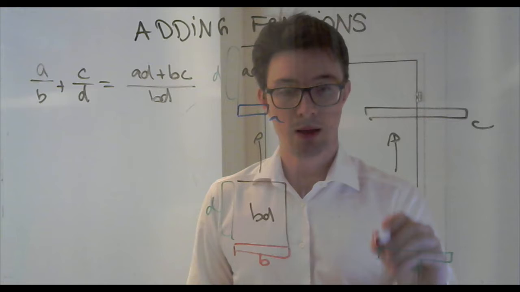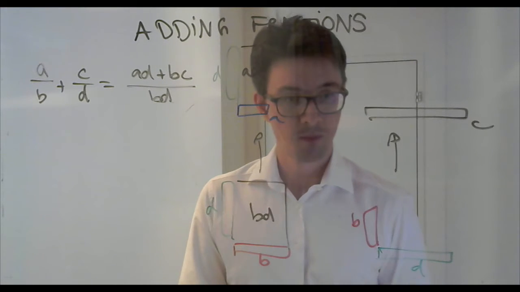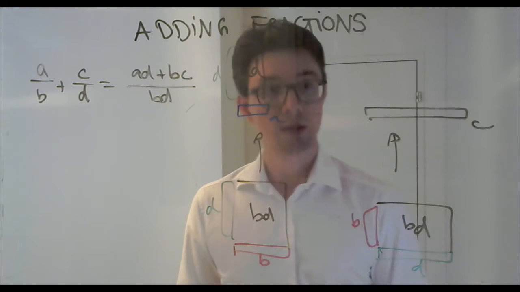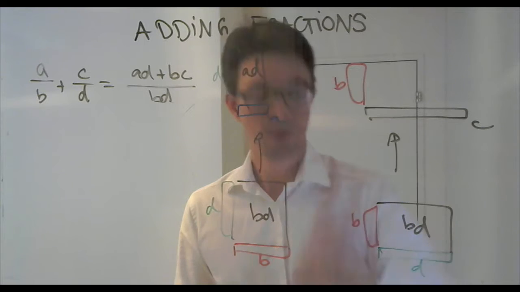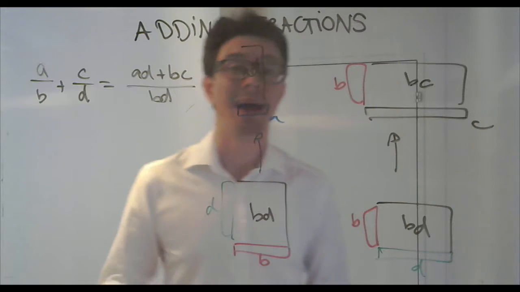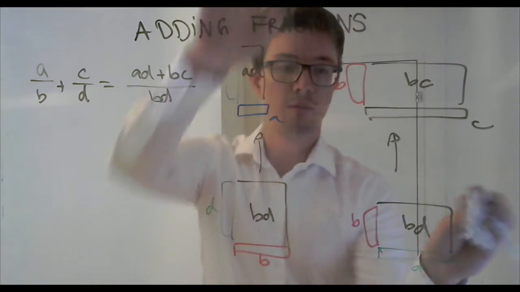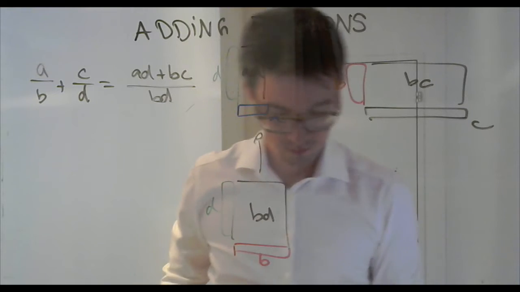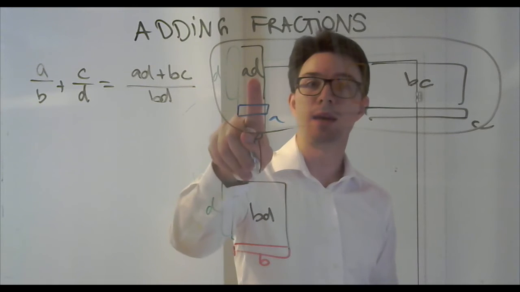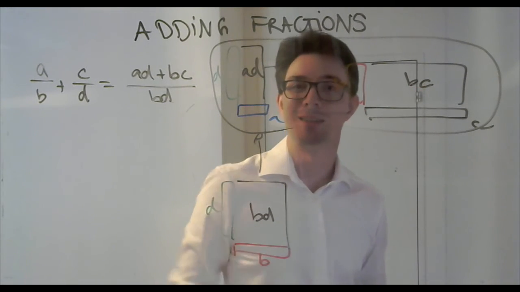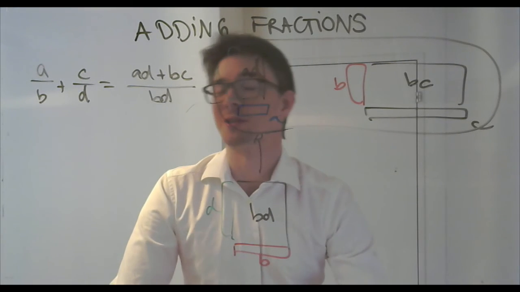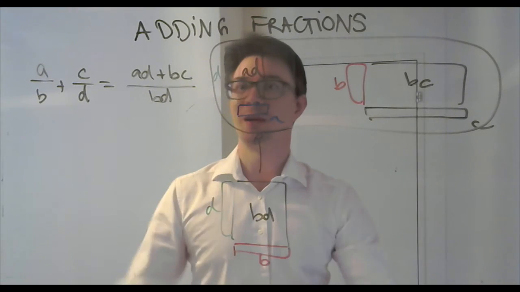And this gets expanded with B. So we also get BD inputs, and we get BC outputs. And now adding just means putting these together like this. So the final result is AD plus BC over BD. So this is how adding fractions works. Subtracting, of course, is now also in the bag. There you go. Beautiful.